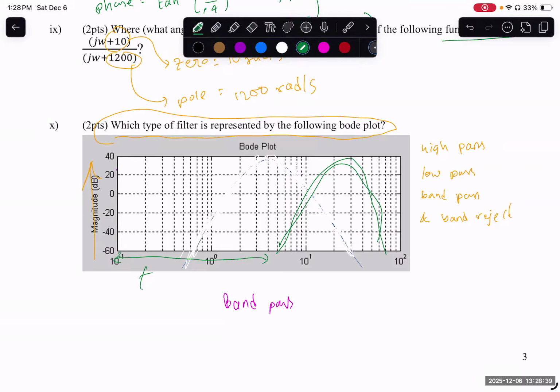So it has a lower starting point because it's not passing the low frequencies. Oh yeah, you're right. Then it goes up because the high frequencies are going through.